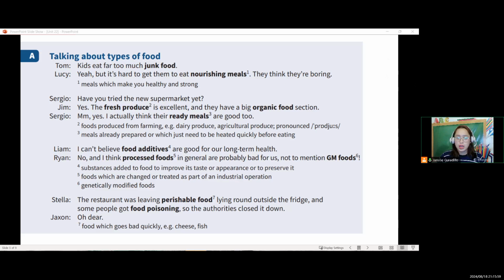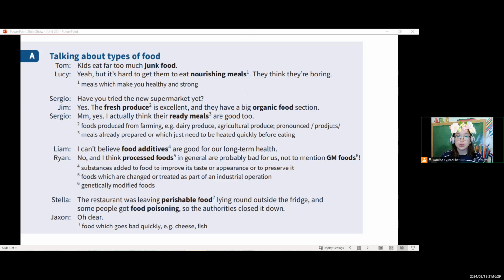No, and I think processed foods in general are probably bad for us. Not to mention GM foods. The restaurant was leaving perishable food lying around outside the fridge, and some people got food poisoning, so the authorities closed it down. Oh dear.